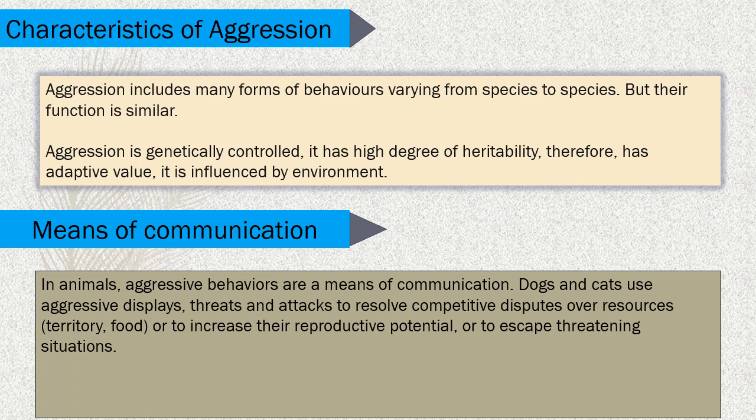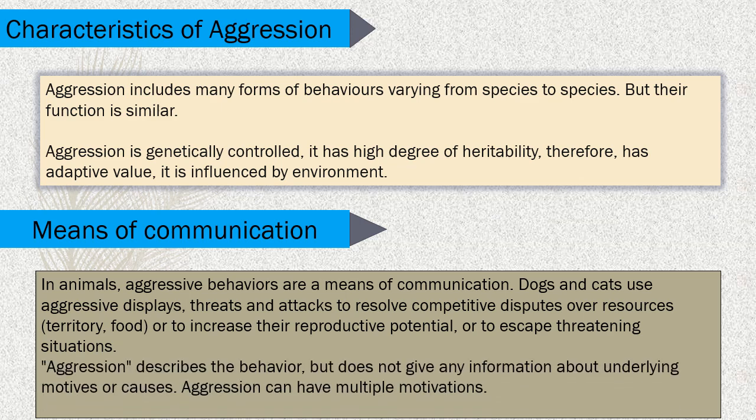Aggression is a means of communication. Dogs and cats use aggressive displays, threats and attacks to resolve competitive disputes over resources, or to increase their reproductive potential, or to escape threatening situations. Aggression describes the behavior but does not give any information about underlying motives or causes. Aggression can have multiple motivations.